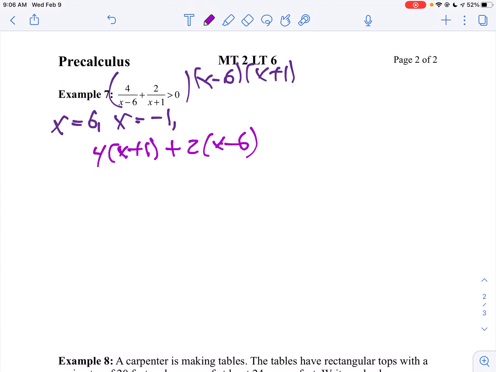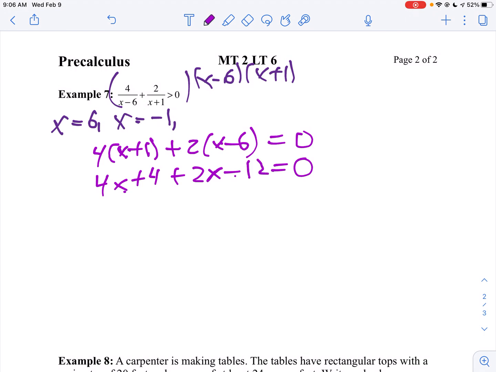And that's going to equal 0, because 0 times anything is 0. So let's simplify. We get 4x plus 4 plus 2x minus 12 equals 0.